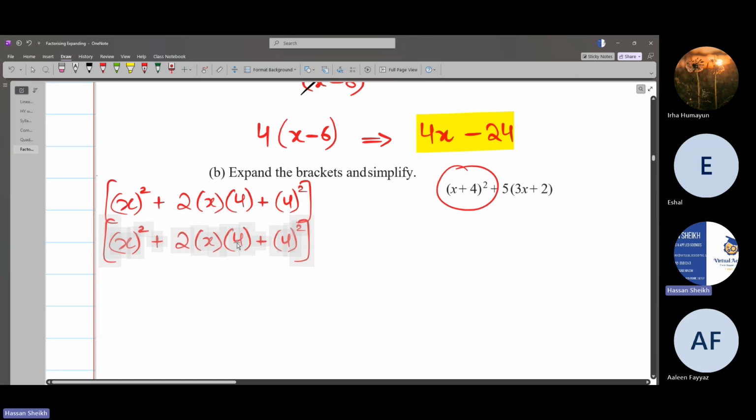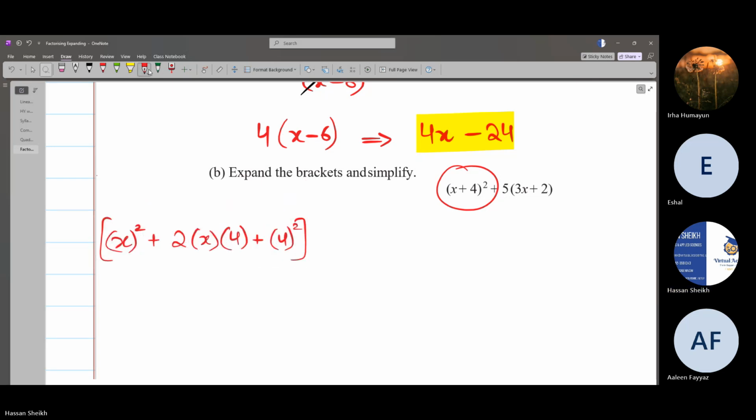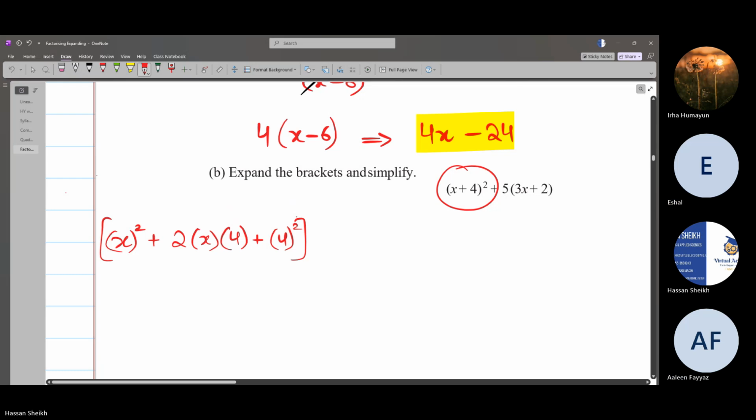Yes, Aline and Ishal. Plus, and then we need to multiply this 5 inside the bracket. So 5 times 3 is 15, plus 5 times 2 is 10. Let's expand the bracket. X square plus 8x because 2 times 4 is 8, plus 4 square is 16.